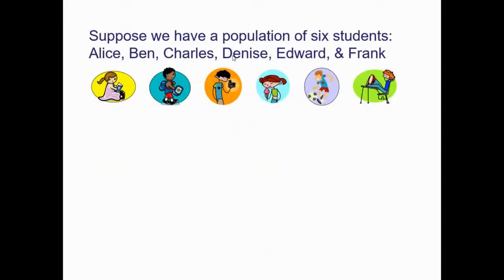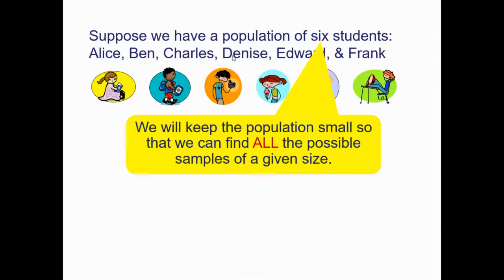Okay, so we're going to do an activity like we did yesterday with the fish, except this time we're dealing with people. Let's say we have a population of 6 students: Alice, Ben, Charles, Denise, Edward, and Frank. A, B, C, D, E, F. We're going to keep our population small just so we can do this activity.